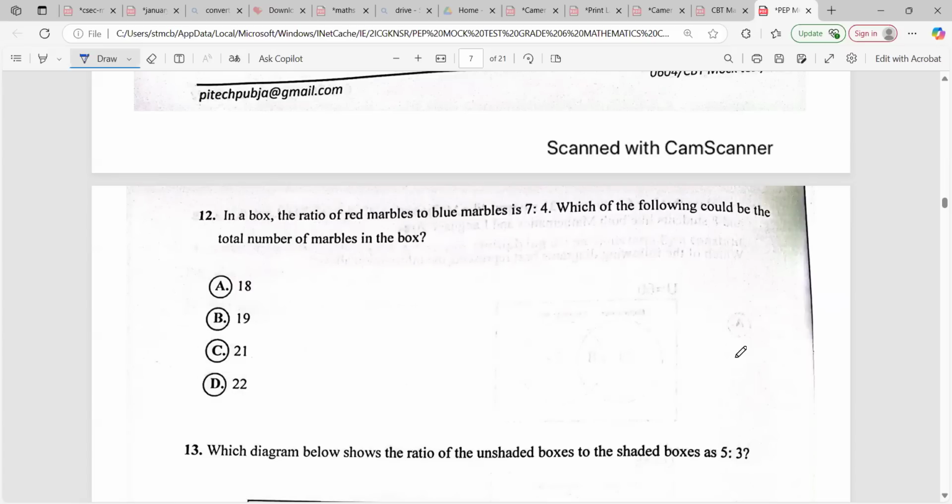So one of my students, lock down the ratio. In a box, which of them could be the number?